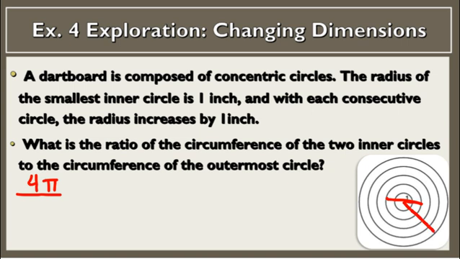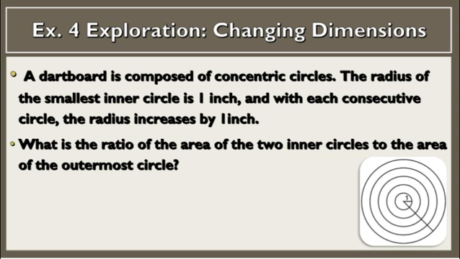So this is 5, which means the diameter has to be 10. So 10 pi. And if we reduce that, the pi's cancel each other out, and then I can divide by 2 and end up with 2 over 5. And that would be the ratio of the circumference of the two inner circles to the circumference of the outermost circle.